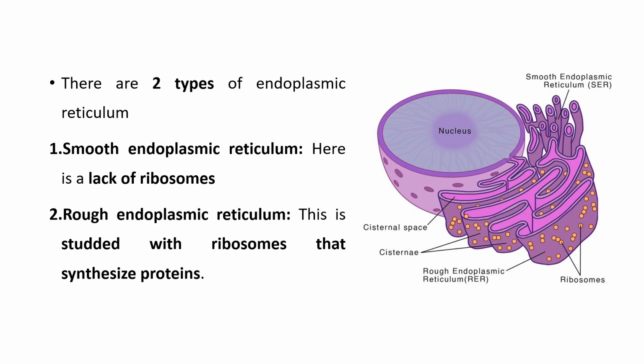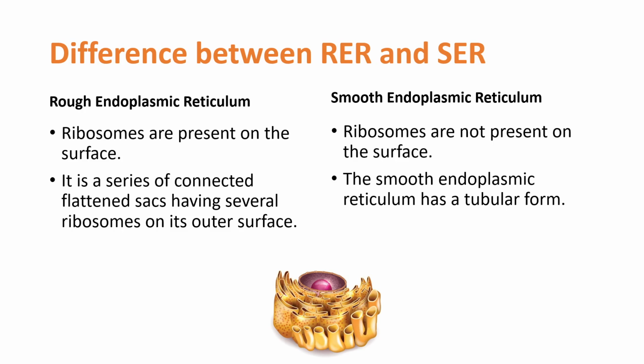Now the difference between rough endoplasmic reticulum and smooth endoplasmic reticulum. We have studied rough endoplasmic reticulum in which the ribosomes are present on the surface, whereas in smooth endoplasmic reticulum ribosomes are not present on the surface.